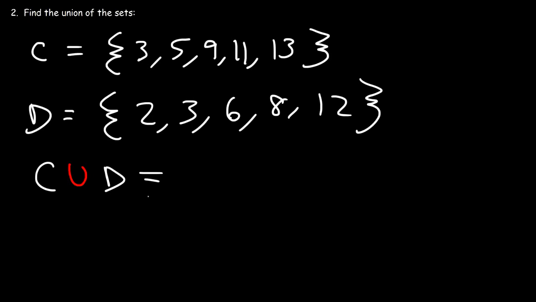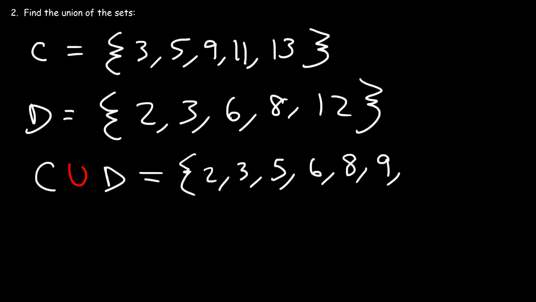So all we got to do is just write all the numbers in C and D. So let's put it in ascending order. So we have a 2, a 3, there's a 5, a 6, there's no 7. So we have an 8, a 9, there's no 10, but we have an 11, 12, and 13. And so that's it. So that's the union of those two sets.